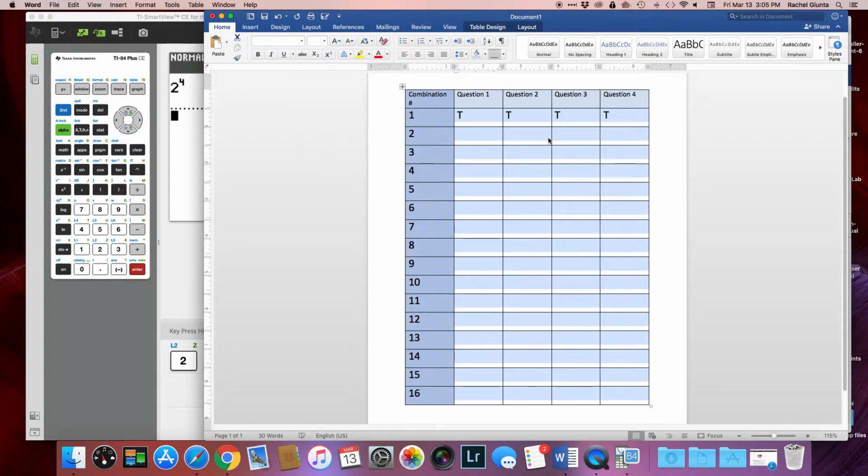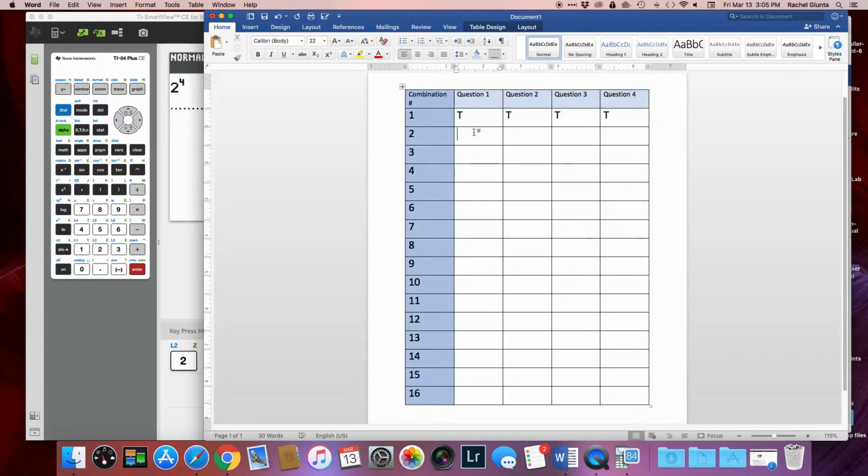Okay, so we've got all trues for the first one. Then if we were going to just come up with the next one, it would be trial and error, and it'd not be very easy to figure out what all the different combinations are and make sure you're not repeating any. So I've got a systematic way to do it. We're going to fill in all the possible answers for question 1 first.